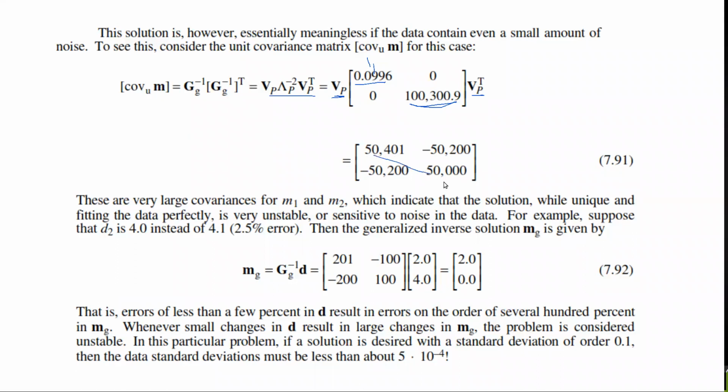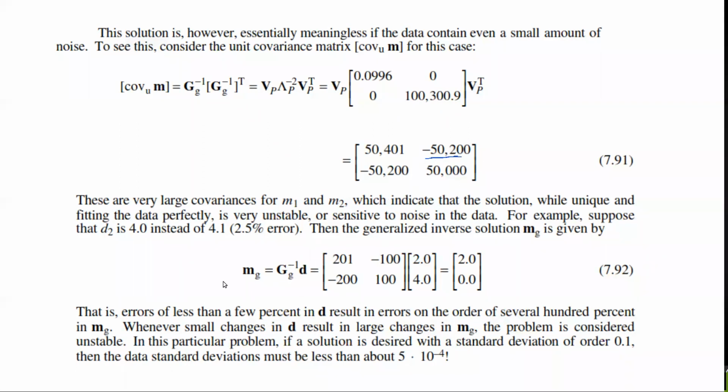This is the variance associated with the two data, and the off-diagonal is the covariance. So it's really correlated, there is a huge correlation between the two data.